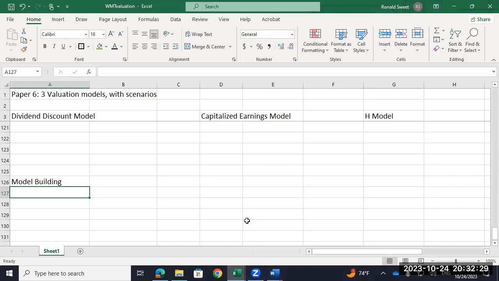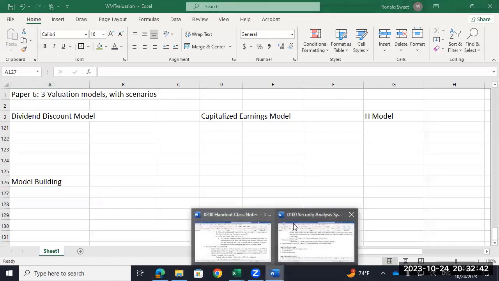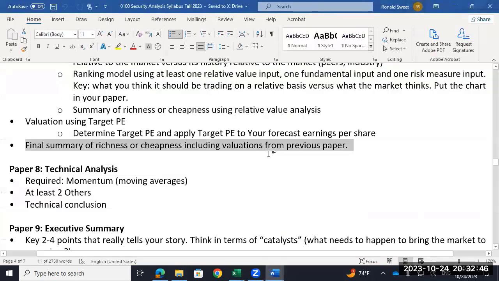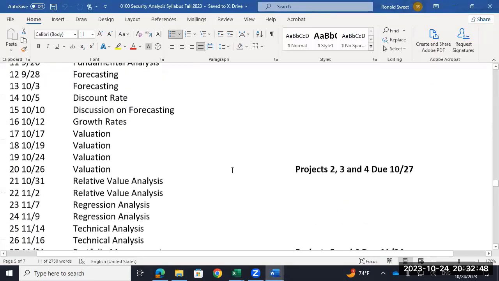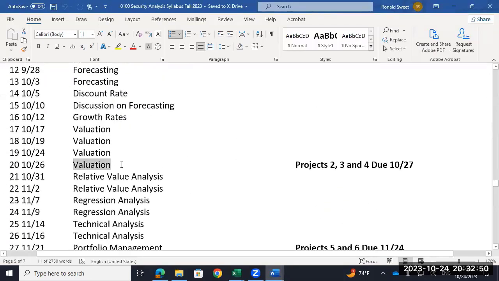Are 2, 3, and 4 due this week? So you get those out of the way. Well, you can, yeah. I mean, if you can get them out of the way, you can. So I forget what the syllabus said. We have a little bit more on paper 6 to talk about. So we'll finish that up.